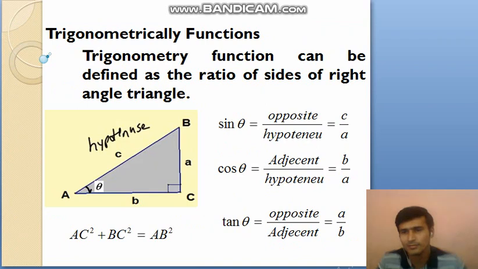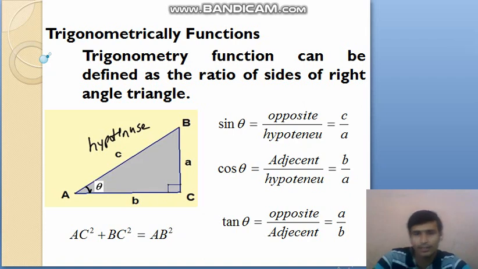Now we discuss trigonometric functions. What are the trigonometric functions, how are they related to each other, what are the values of the trigonometric functions, and how can we calculate them? So let us start. The trigonometric function is derived from the right angle triangle. What is the right angle triangle?